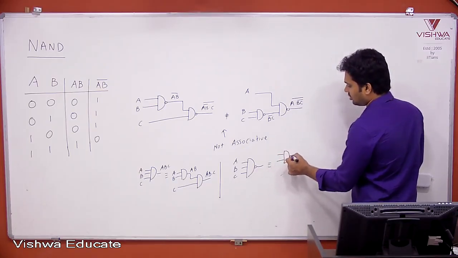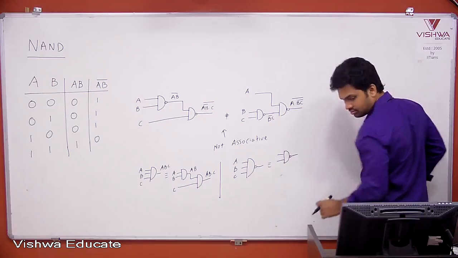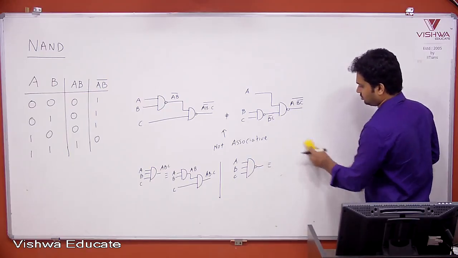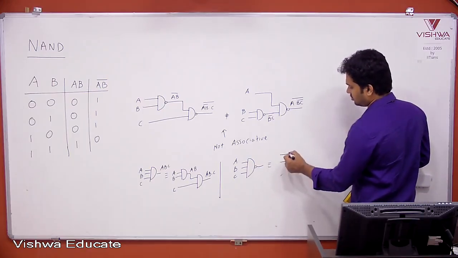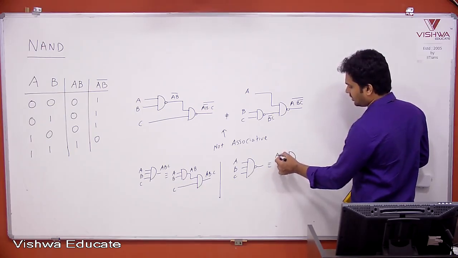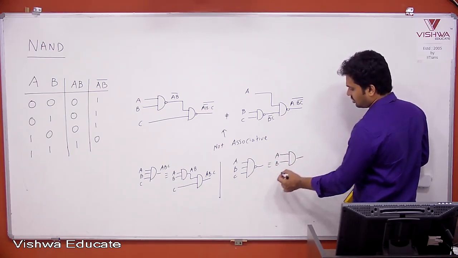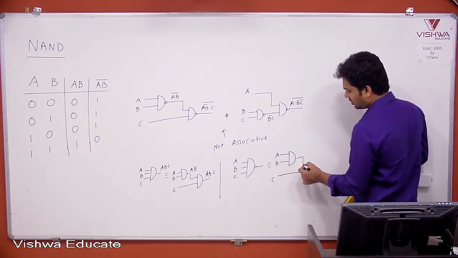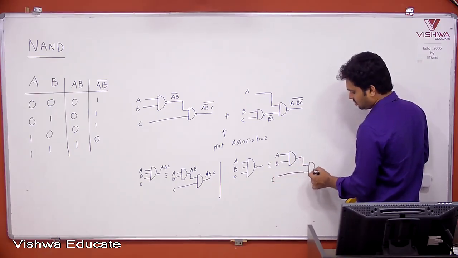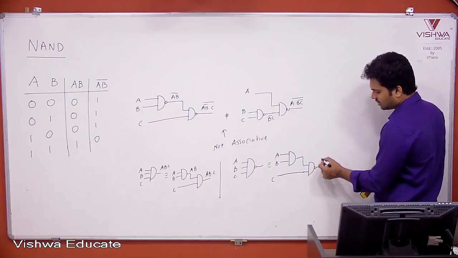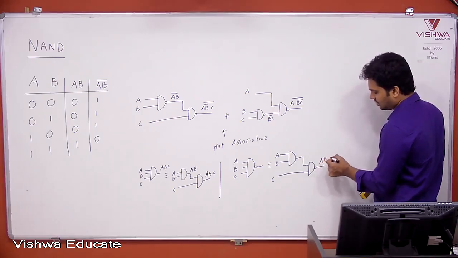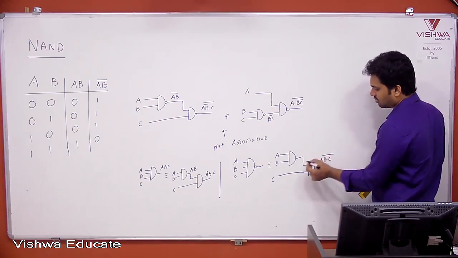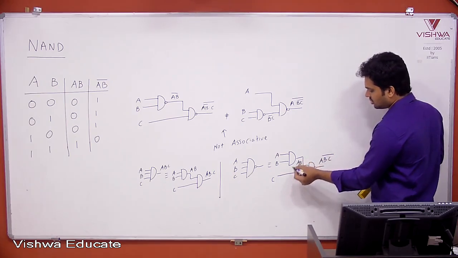Take one second. Take one AND gate, A, B. The output of this you connect to one NAND gate. Then what is the answer? AB into C whole bar, because it is AB. So this into this whole bar.